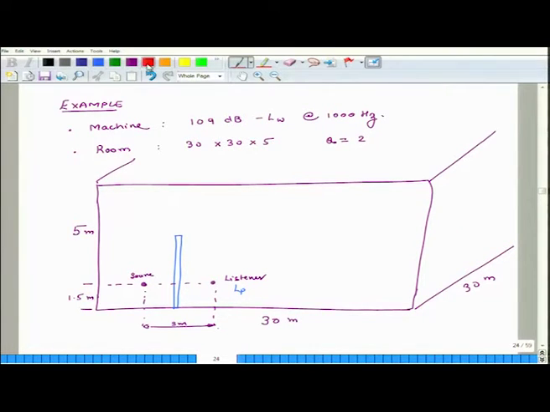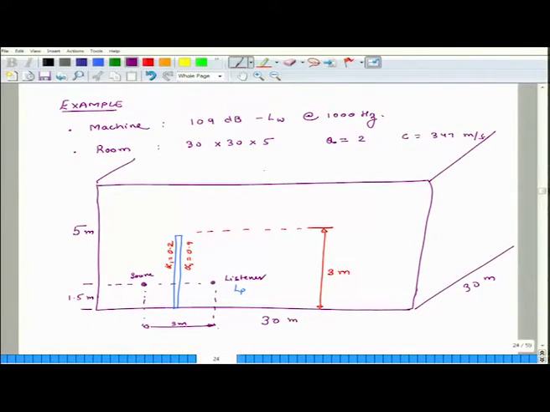So, on this surface alpha 1 is 0.2 and on the other surface alpha 2 is 0.9, and the barrier is overall 3 meters tall. The height of the barrier is 3 meters. Okay. And the speed of sound is 347 meters per second.